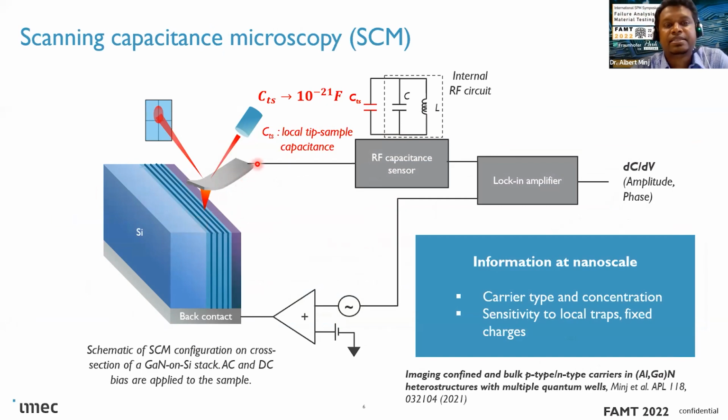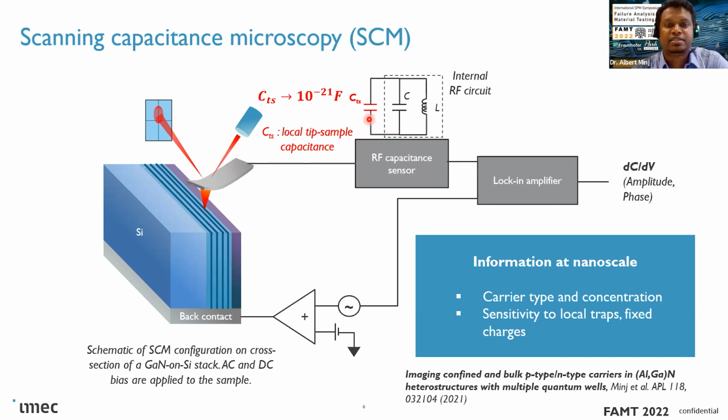Usually this change in the capacitance is recorded by the RF resonance capacitance sensor, which is basically a circuit comprising a capacitance and inductor, which will give a particular resonance characteristic. And as the tip-sample capacitance changes, it adds to this resonance circuit, and thereby it changes its resonance characteristic.